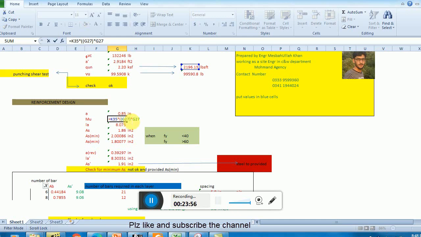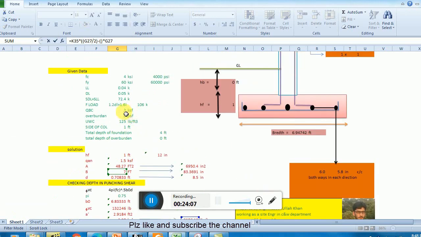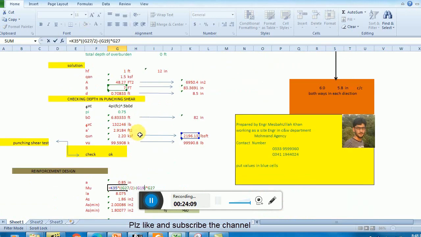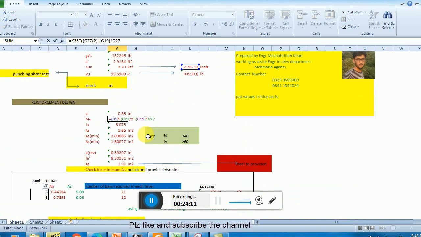So L, close it in brackets, and then divided by 2, so you half the distance, then negative, then bracket, then the side of your column, that is 1. Okay, 1 divided by 2.